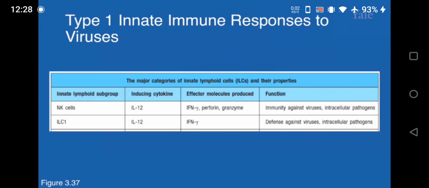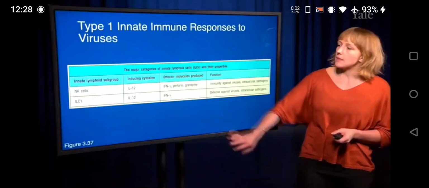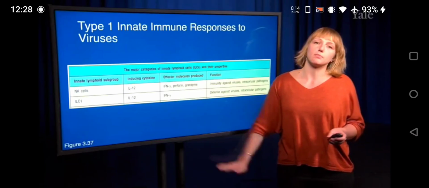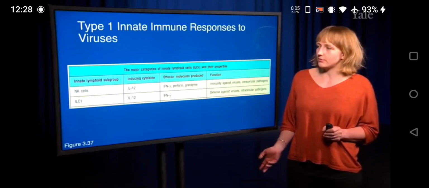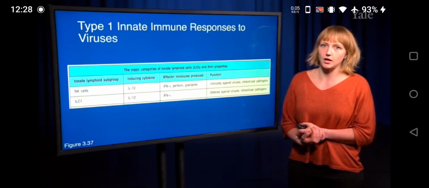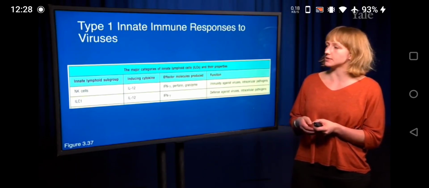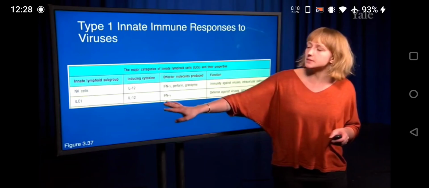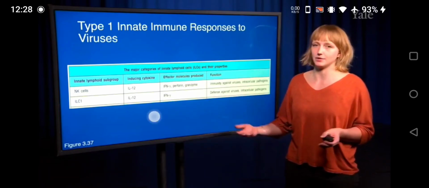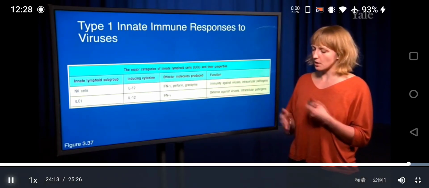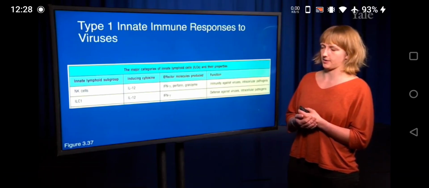NK cells and ILC1s are both innate lymphoid cells, so they come from the lymphoid lineage, but they are not adaptive immune cells. They are induced by IL-12. IL-12 is generated upon the recognition of viruses by PRRs, and they produce interferon gamma.